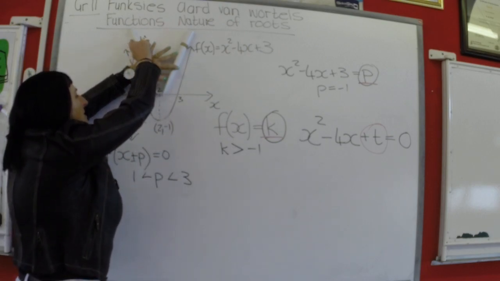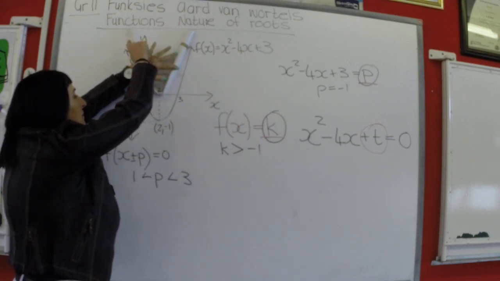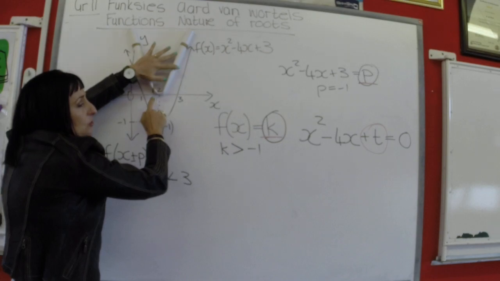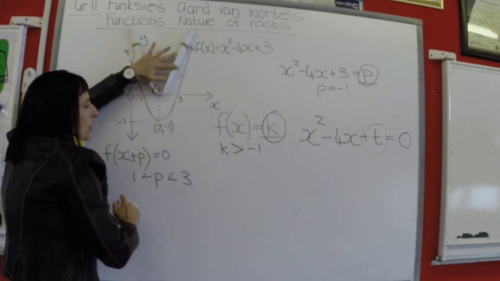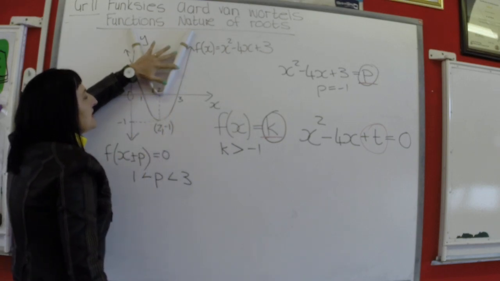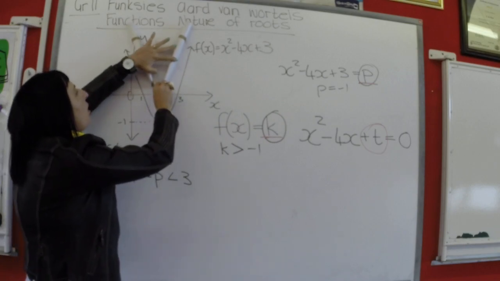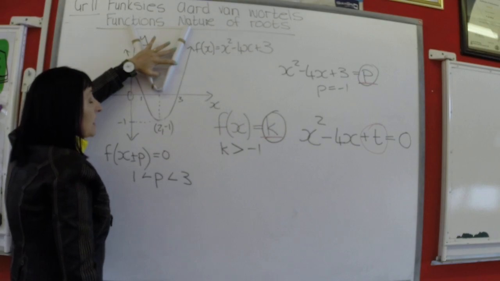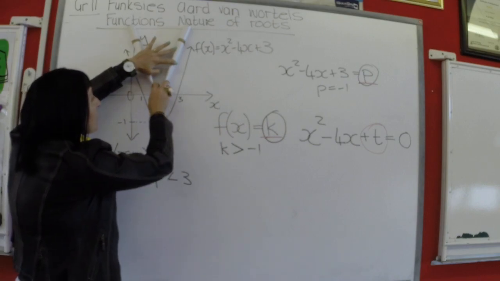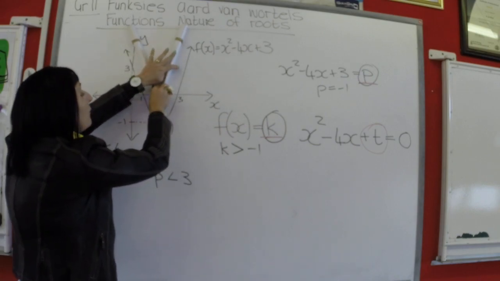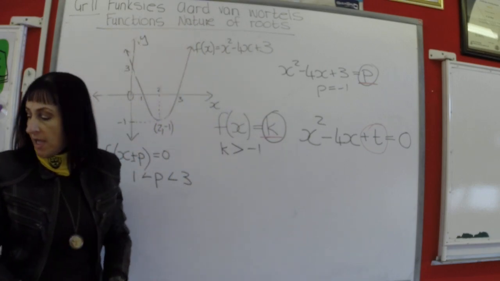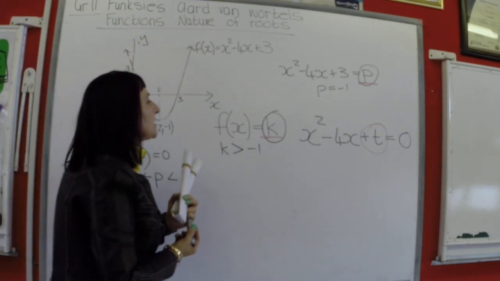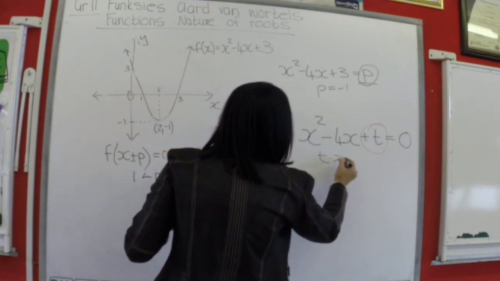When the y-intercept, that's the t value, is going to be 4, I'm going to have 2 identical roots. When I move it just a little bit up and more, there will be no real roots. So t must be greater than 4. Of t moet groter wees as 4.